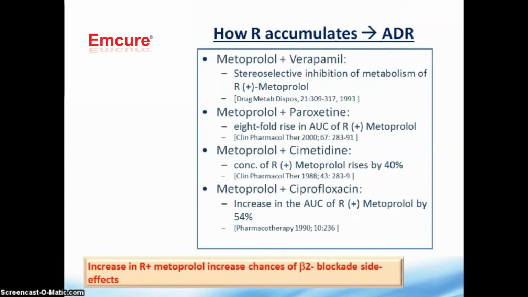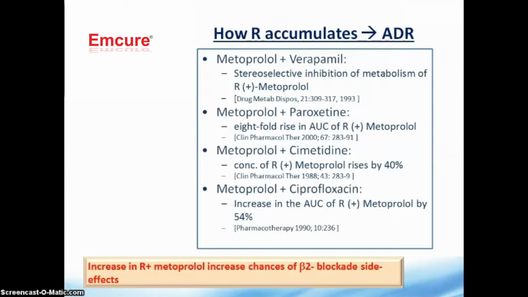Now we need to understand how this R isomer accumulates and why it is responsible for the ADRs. The R isomer accumulates and causes ADRs. That is one important thing we need to know. Regarding drug-drug interactions, metoprolol has an interaction with verapamil, a stereoselective inhibition of metabolism of R metoprolol.